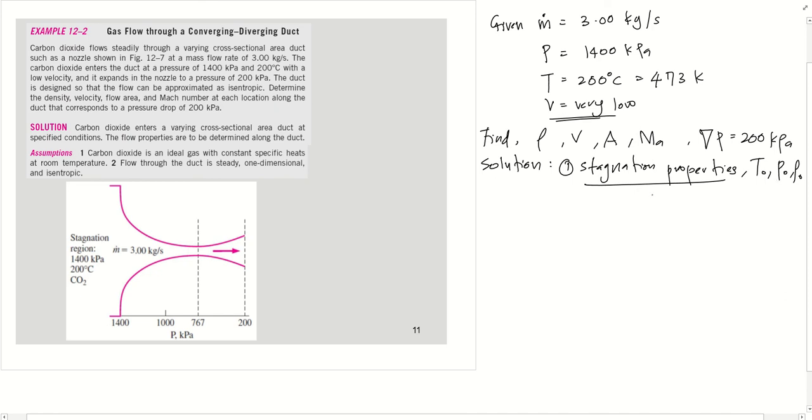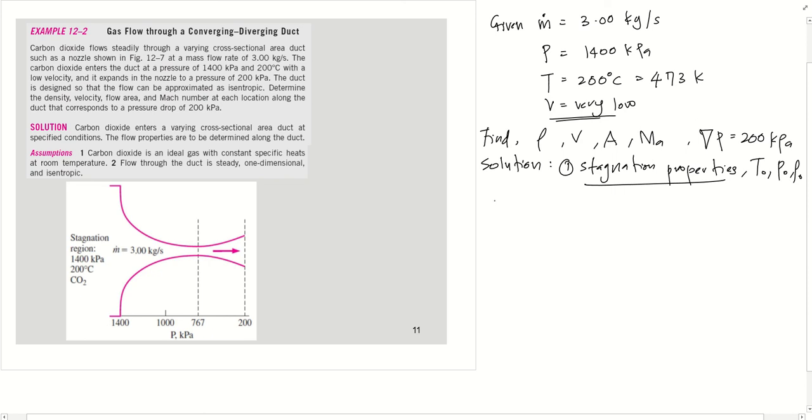Based on all the given information, we first need to find the temperature. How do we find the stagnation temperature?